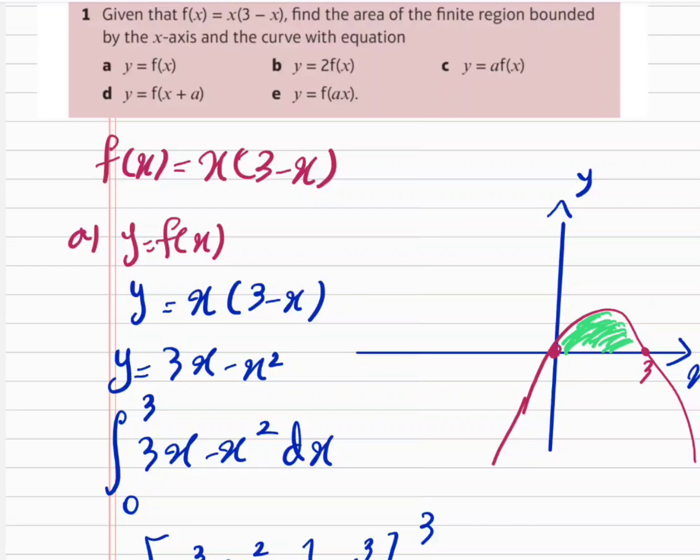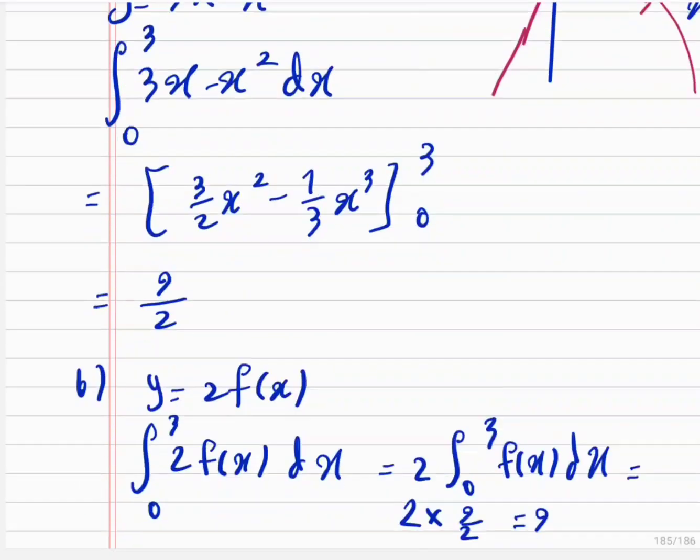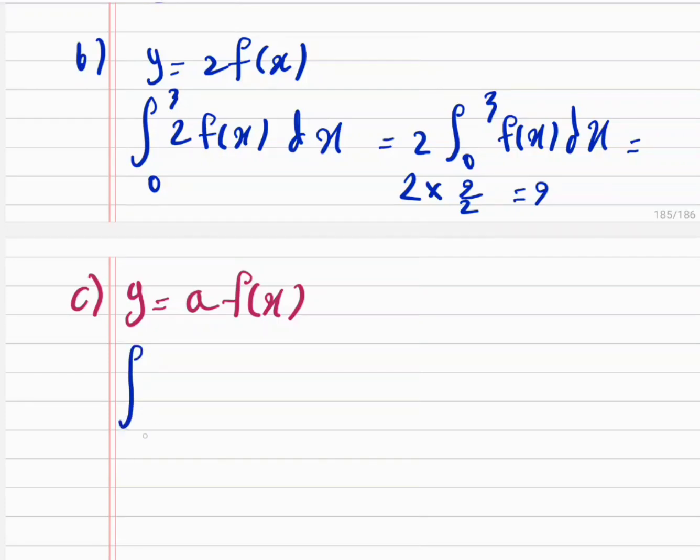Part C is quite similar. It's just a generalization of part B. We have y is equal to a times f of x, where a is just any generic constant. Again, we can write down the integral between 0 and 3 of a f of x dx.